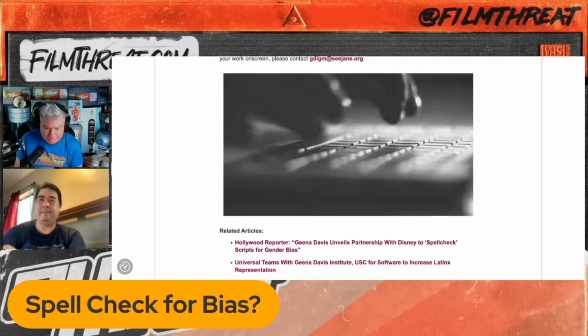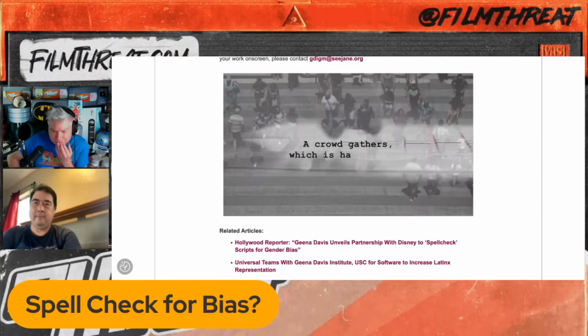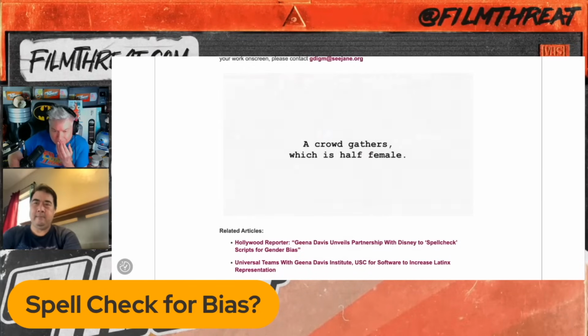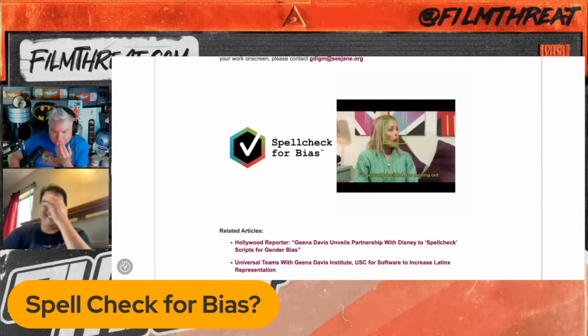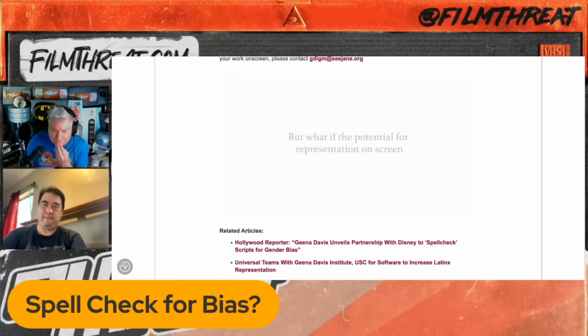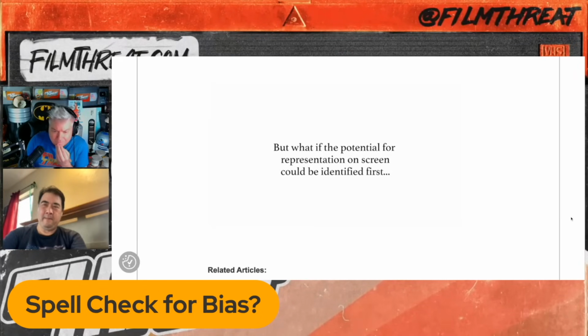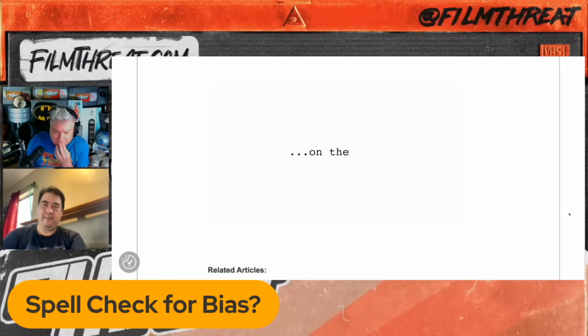When you're describing a crowd scene in the script, you have to write a crowd gathers, comma, which is half female. For the past 7 years, the Geena Davis Institute has broken ground with its machine learning analysis of bias in film and television. But what if the potential for representation on screen could be identified first on the page?